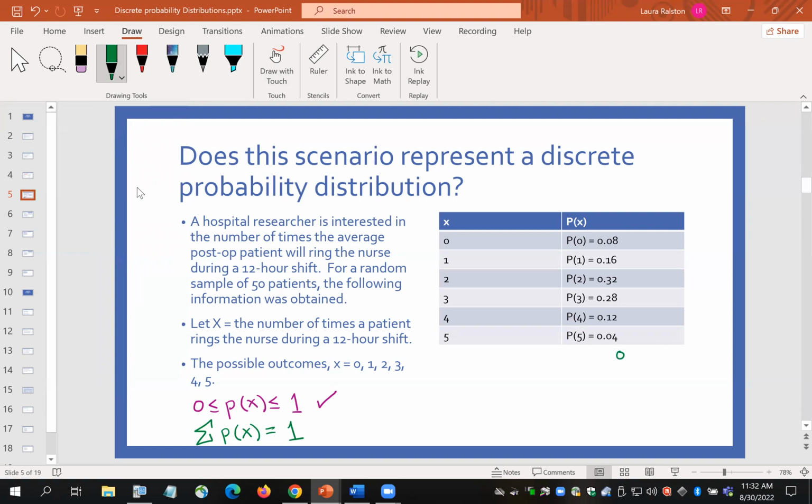So 0, carry the 3, 3, 4, 7, 8, 9, 10, 0, carry the 1, 1 plus all those zeros is 1. So they do add to 1. I've met that requirement, so this scenario does represent a probability distribution.